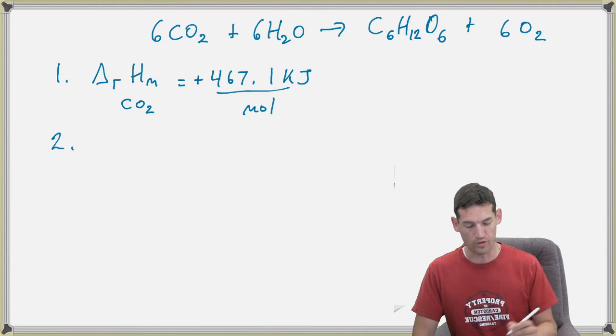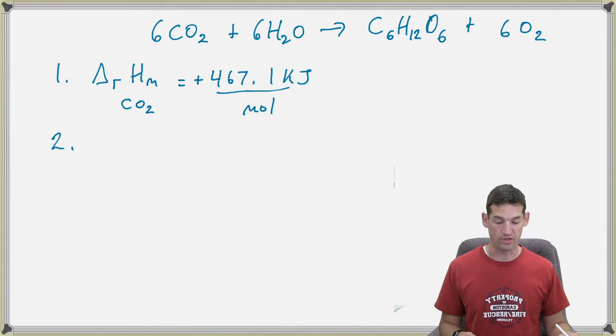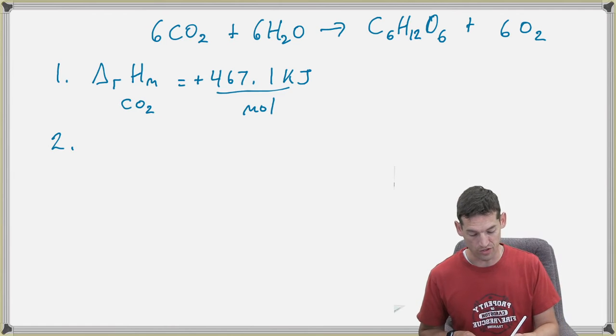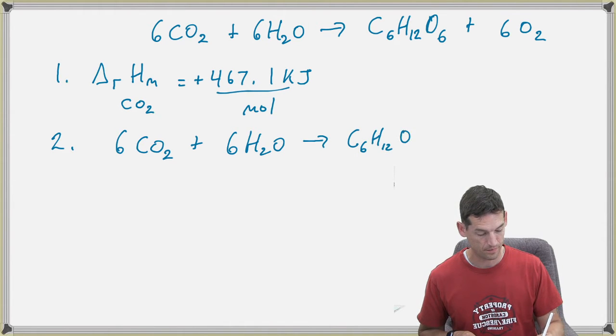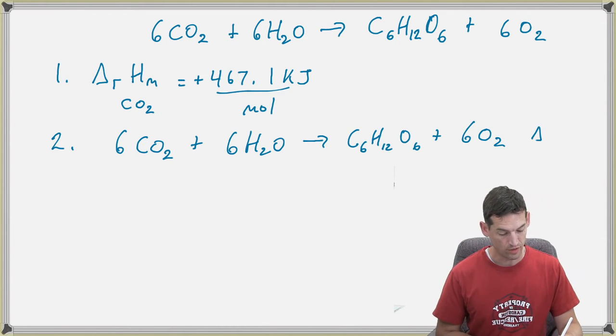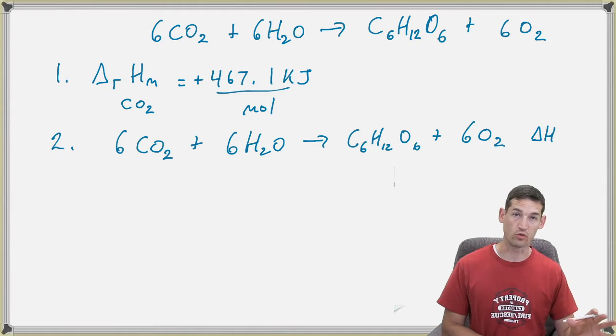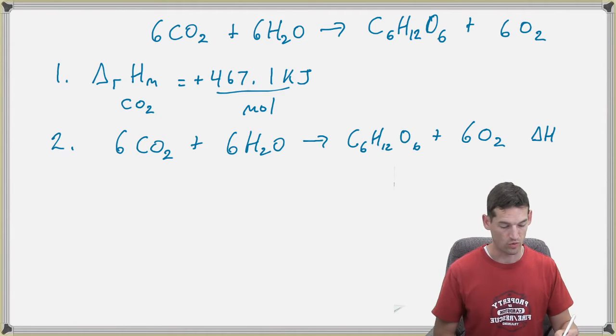Second one is, what if we put it into delta H notation? So I've got my balanced equation already there. I'm just going to copy that down again. But in delta H notation, we put to the right of the equation delta H equals with that value.